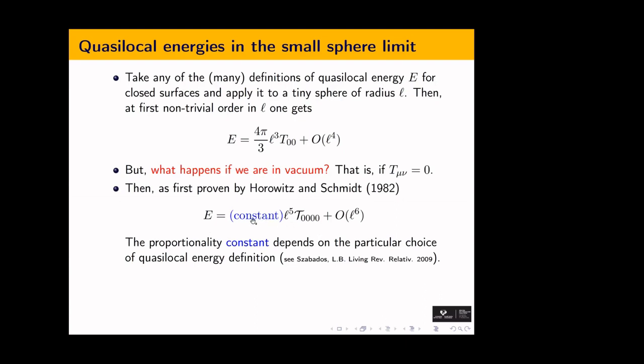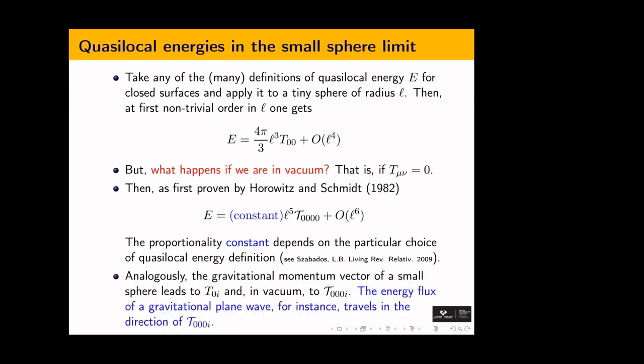And here there is a constant, which depends on the particular quasi-local energy that you are choosing. So for the Hawking mass, this is 1/90, but for other quasi-local energies, this is different. So there is certainly a relation between quasi-local energy and energy momentum tensor for small spheres.